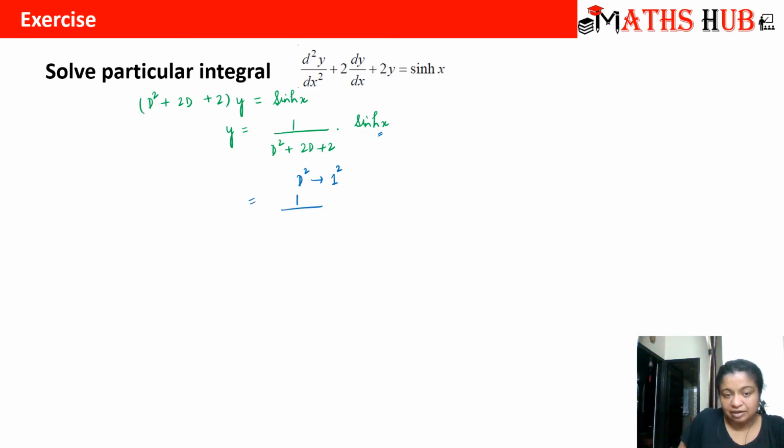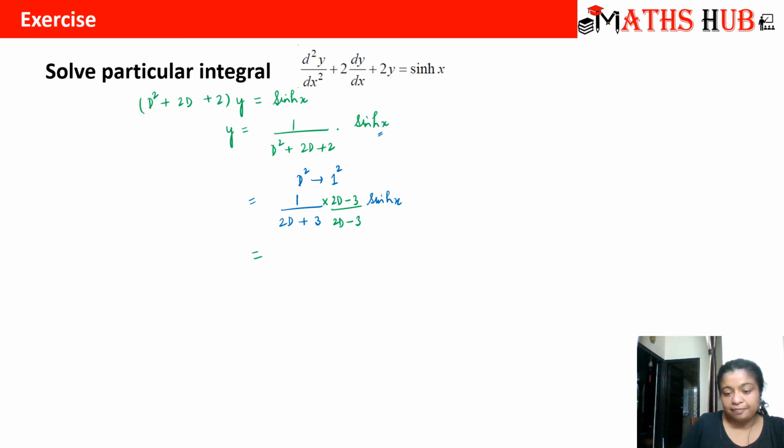So D square becomes 1, and 1 plus 2 becomes 3. We get 1 by (2D plus 3) times sine hyperbolic x. As I told you in the previous video, whenever we are left with D in the denominator, we need to finish it. To convert D to D square, we multiply with its conjugate, which is 2D minus 3.